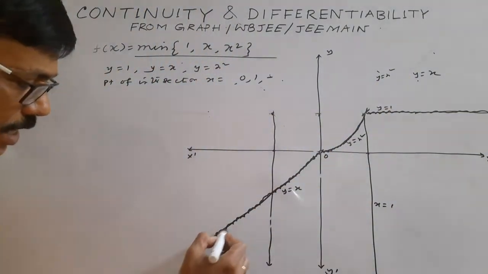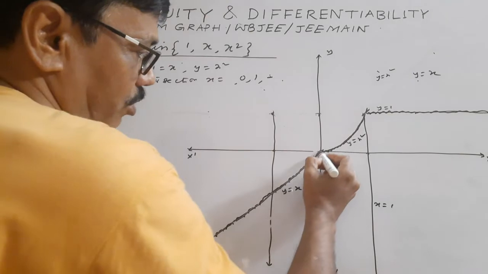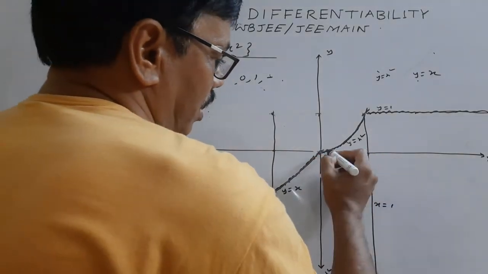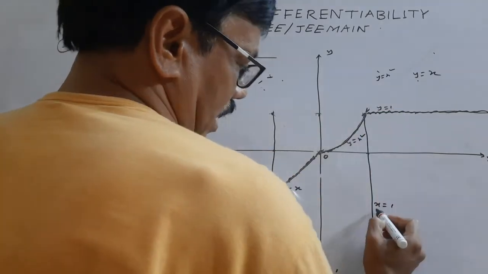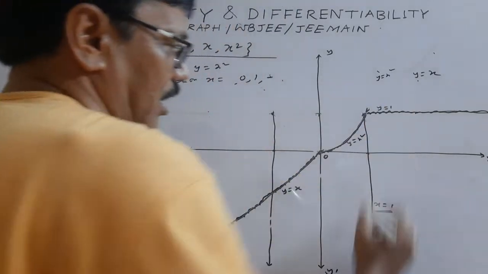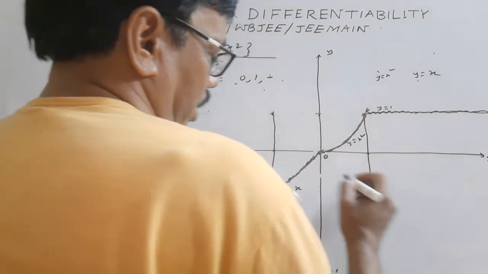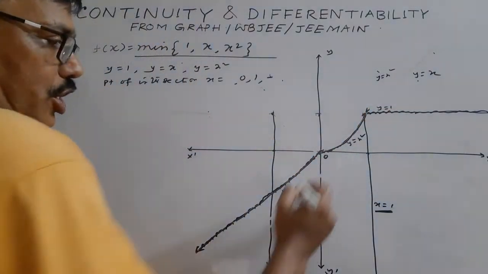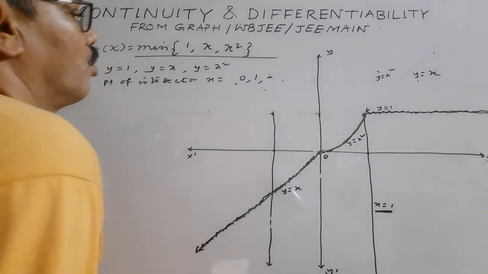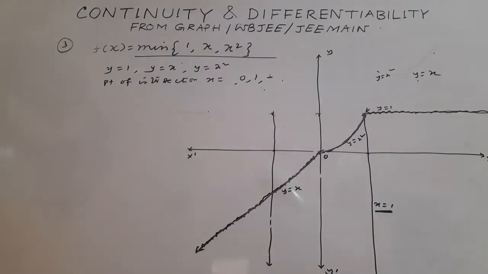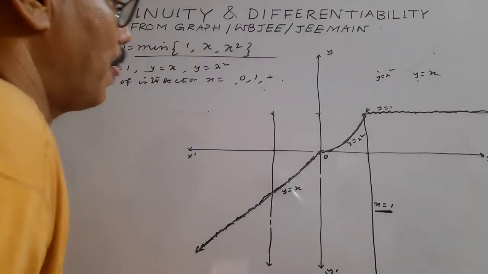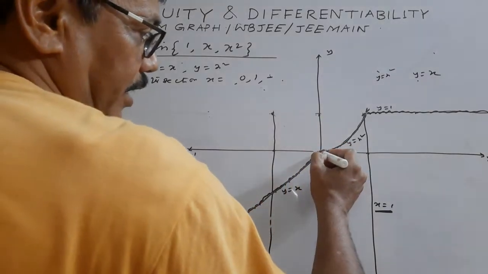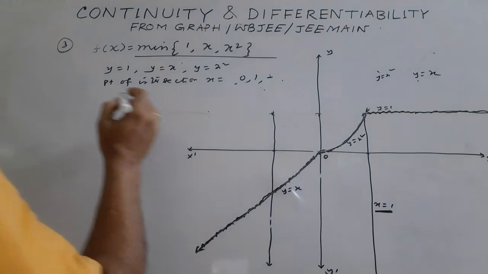So we are getting a graph. It has a corner point at x equals 0 and a corner point at x equals 1. That is why you are taking this line. Corner points at 0 and 1 only. So what is your conclusion? It has corner points at x equals 0 and x equals 1.